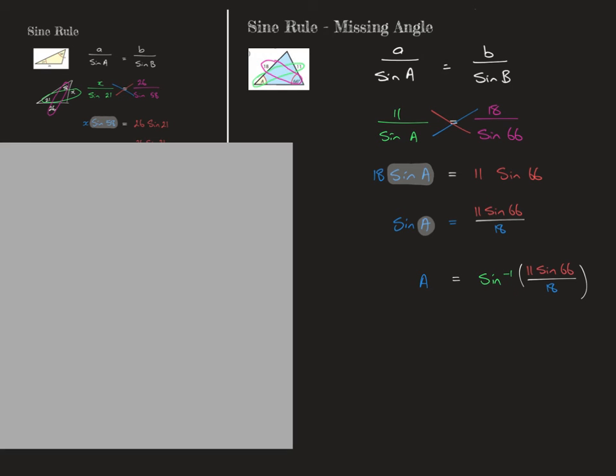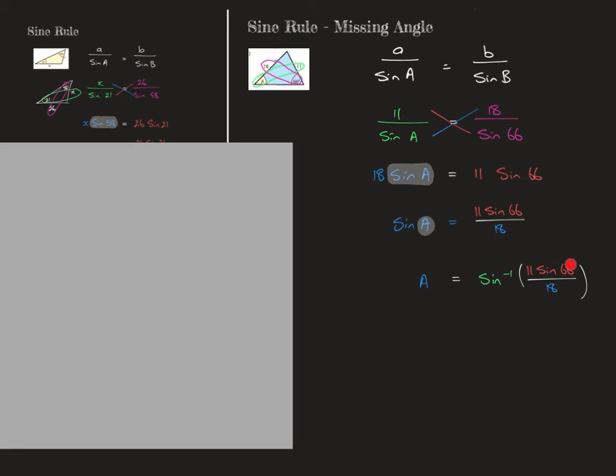The brackets are open, so that's fine. Now I need to put in this fraction, so I press the fraction button. Then I put in 11 sine, so sine, and then 66. Your calculator automatically opens the brackets, so you need to make sure you close them.